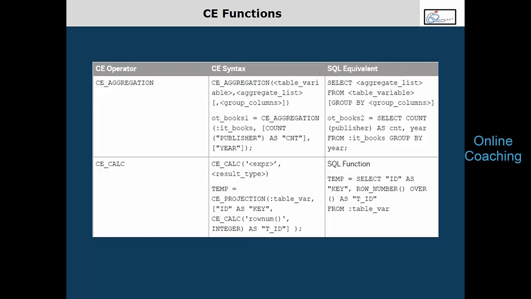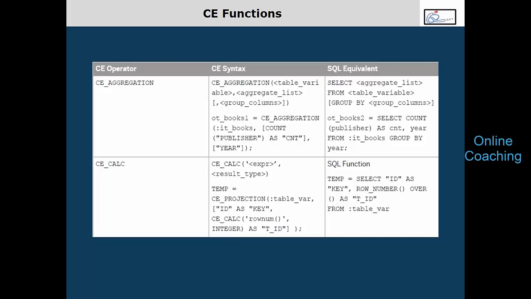Same way, when you want to implement aggregation functions with the group by clause, we go with CE_AGGREGATION. It is used with some group by and some aggregation function like sum, min, max, count.